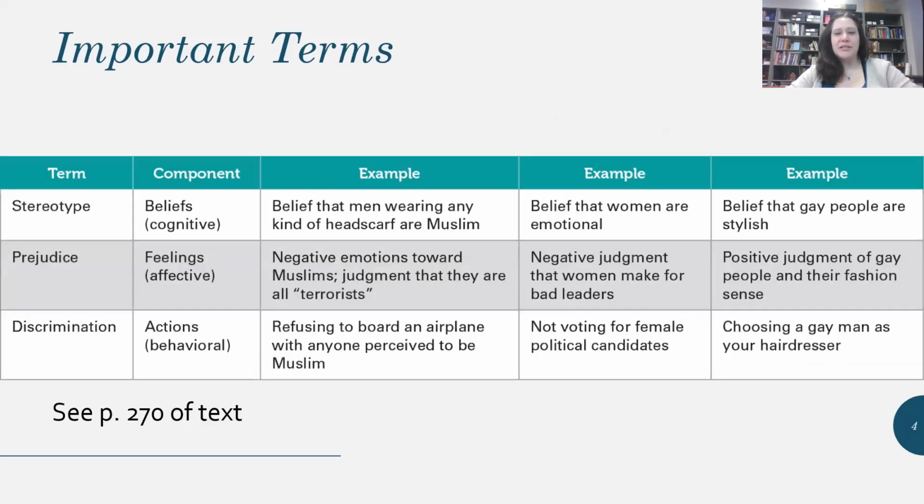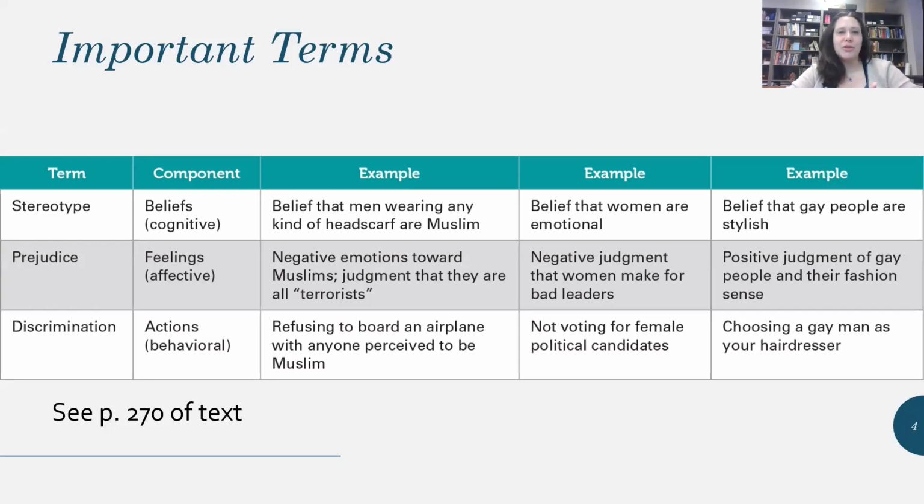We also want to differentiate among stereotypes, prejudice, and discrimination. In social psychology, a stereotype is a belief about a group of people because they're in a certain group. For example, let's say that you believe that women are emotional and that they use their emotions to make decisions instead of logic like a man might.